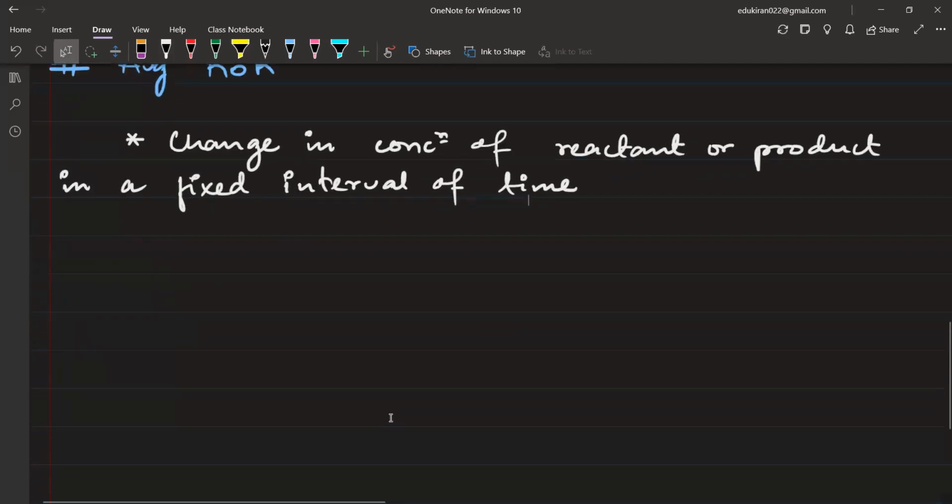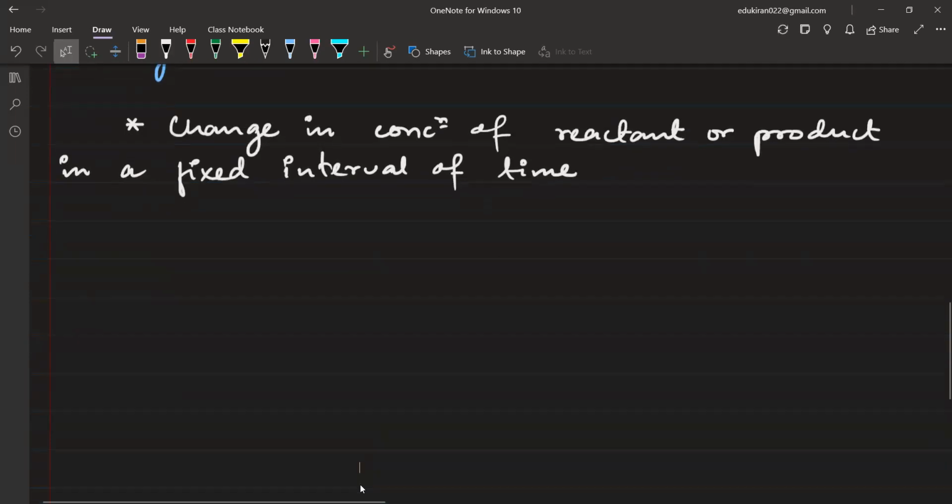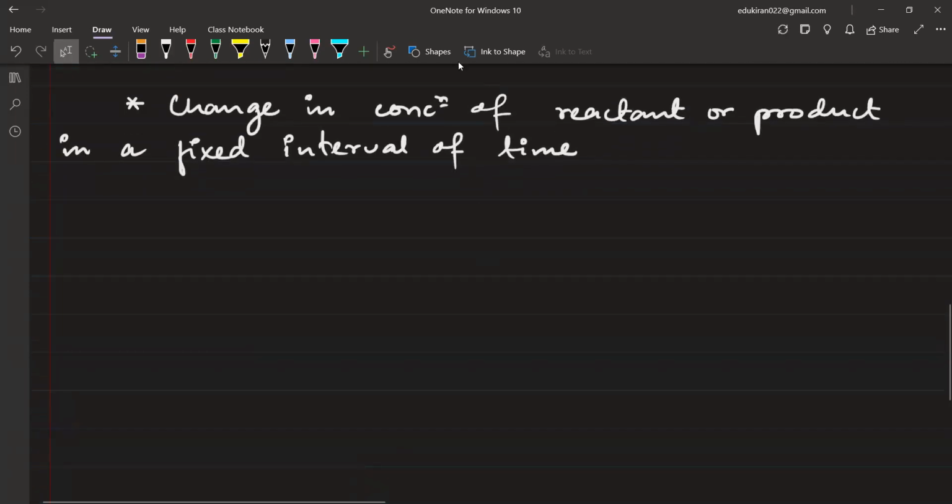So we can represent this in terms of reactant and product both. So we'll make two graphs. One will be for reactant, the other one will be for product. So let me first of all take the plots like this.